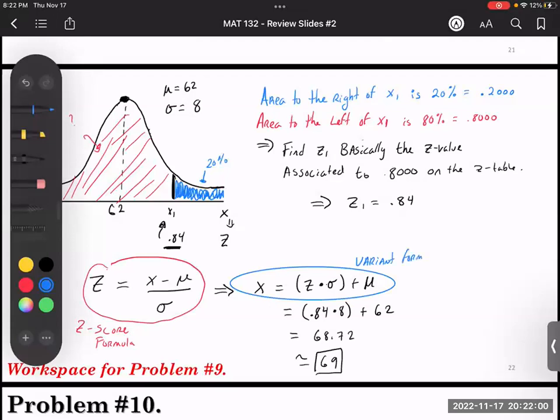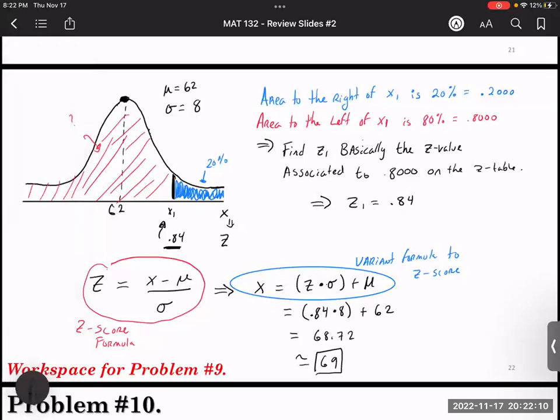It's the same thing, except now it's isolating X rather than isolating Z. The whole point was finding X, so I can't just take 0.84 and plug it in for X, because that was the value of Z. That would have been wrong automatically.